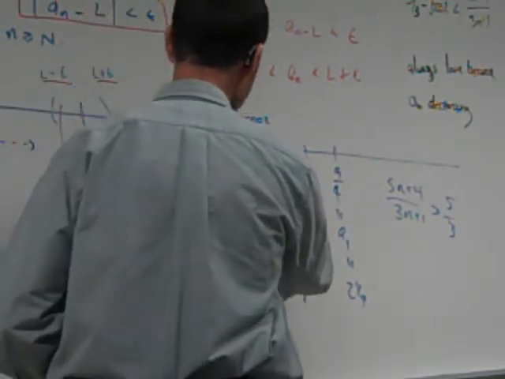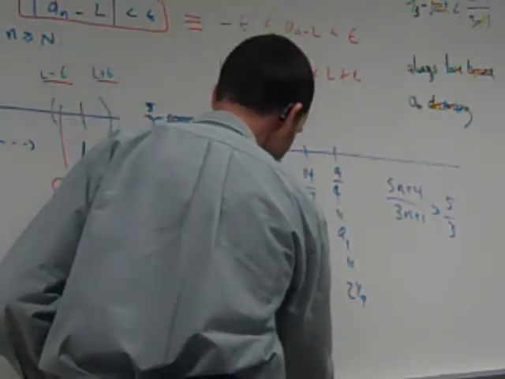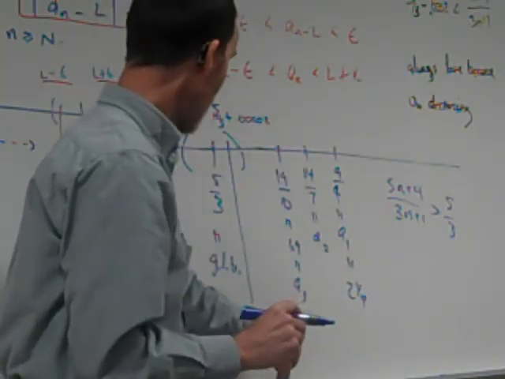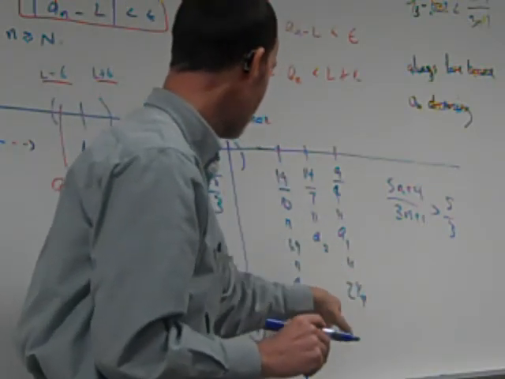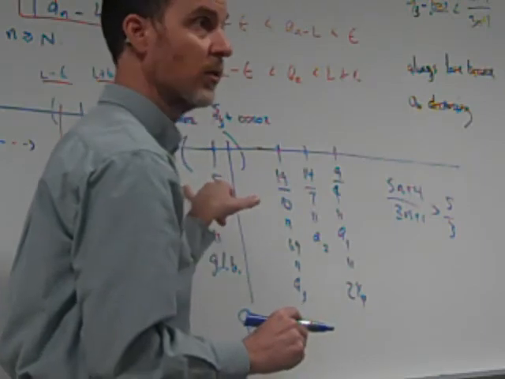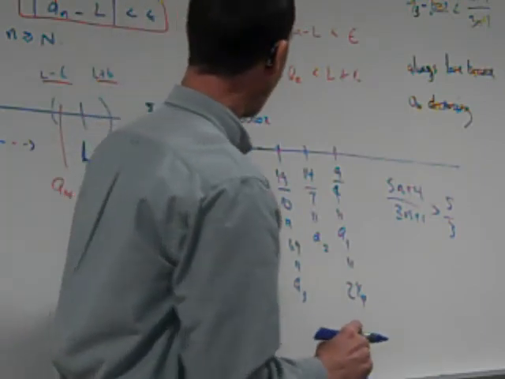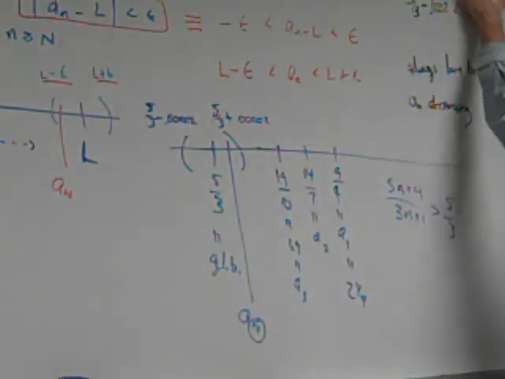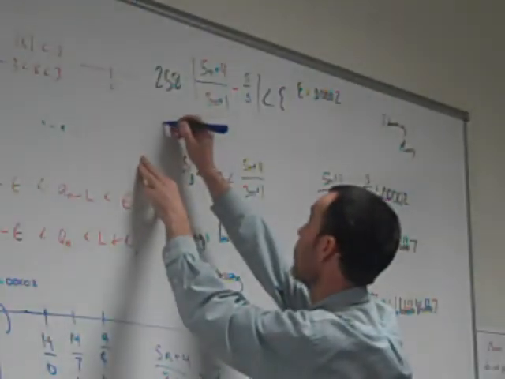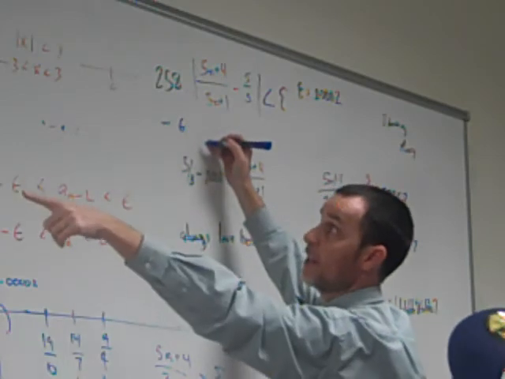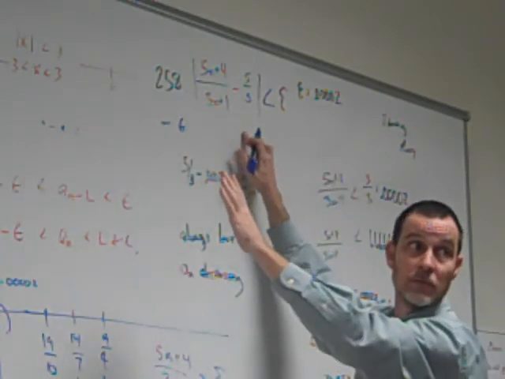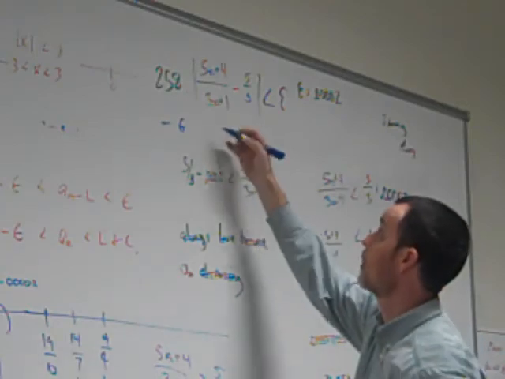So the goal is, what's the number n? For this tolerance, how many steps do I have to take to get inside this interval? Well, when we translate this is what he did, but he did it in 2 steps. He wrote it out. This is right, just like I did over here, getting rid of absolute values, right? None of us like absolute values. So we make them go away.